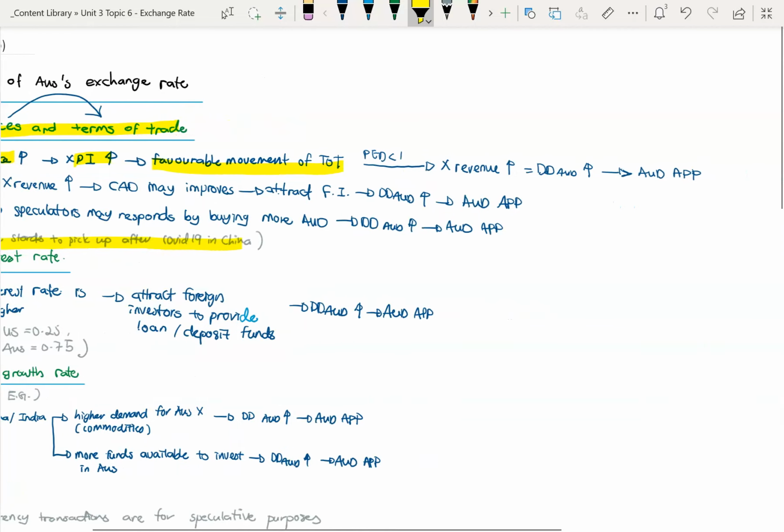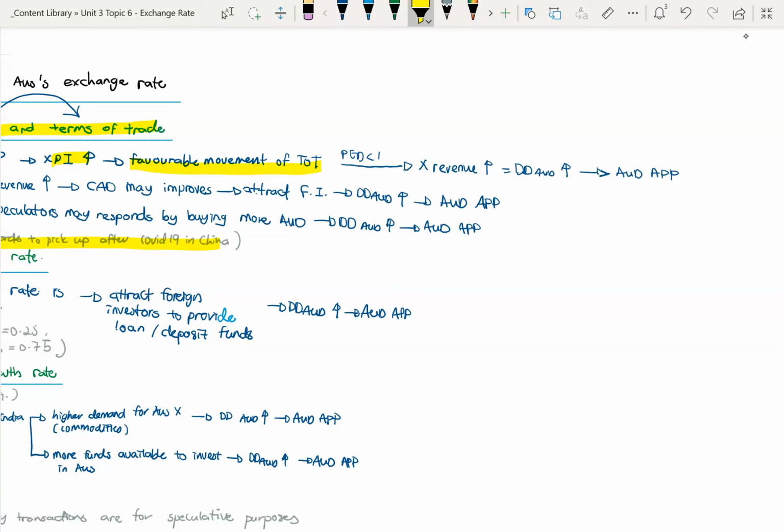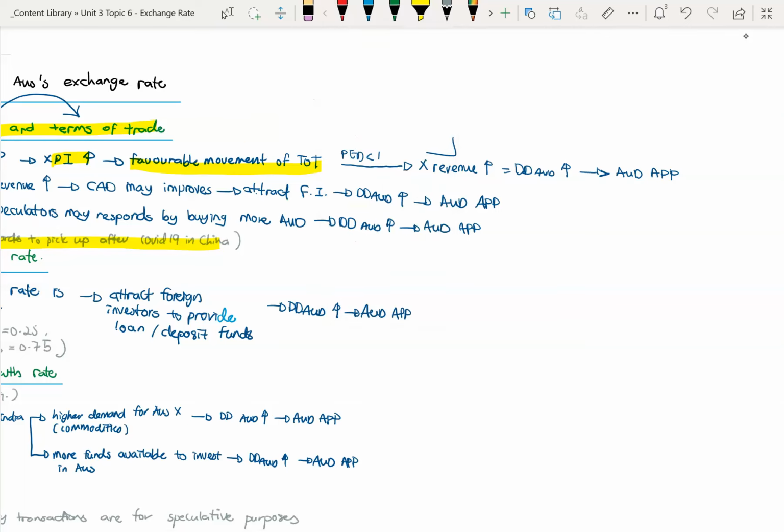So how would it affect exchange rate? Very simple. Remember, favorable movement of terms of trade has a direct relationship with your export revenue, or your BOGS later. Since it has a direct relationship, with favorable movement export revenue would rise because our PED is less than 1.